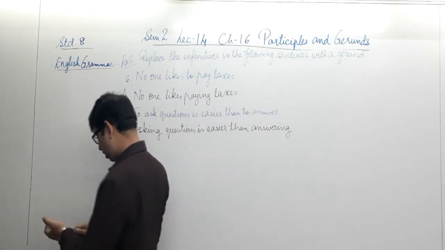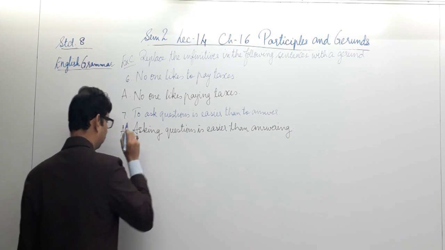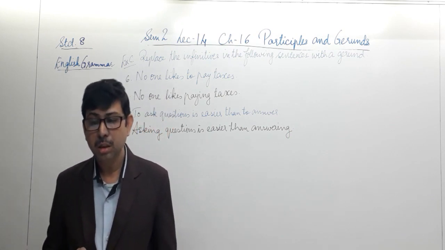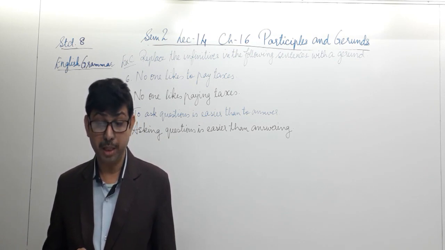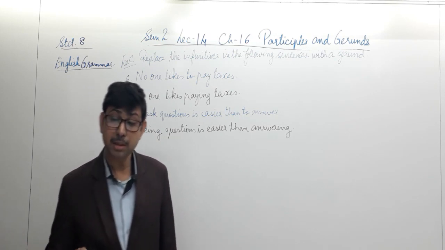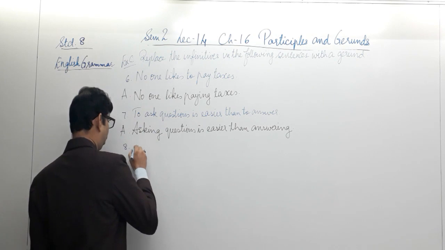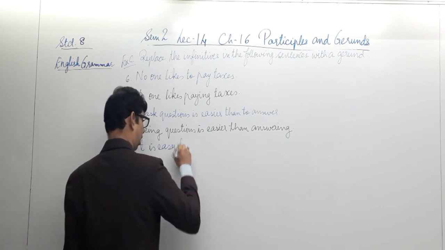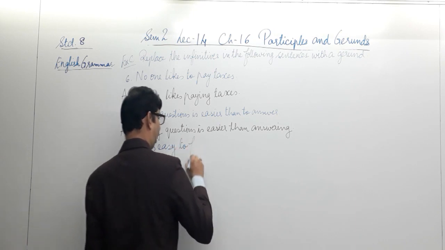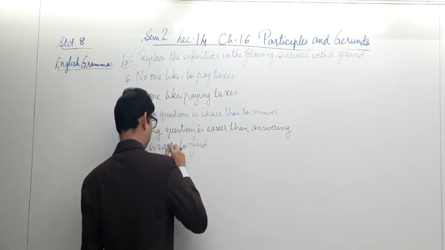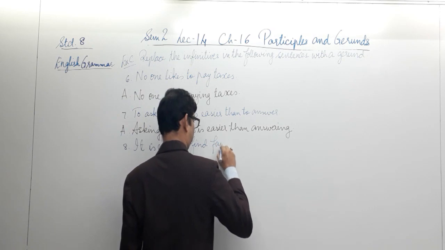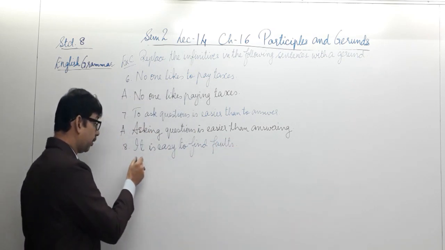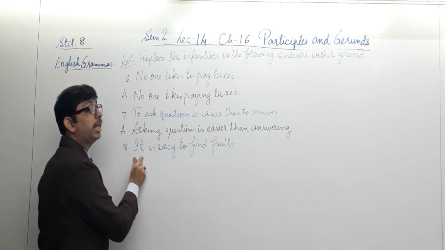Next one, number 8. It is easy to find faults. Well, be careful with this sentence. First, let me write the sentence and tell you about it. If you carefully observe this sentence, you will observe that we have used the introductory word it.